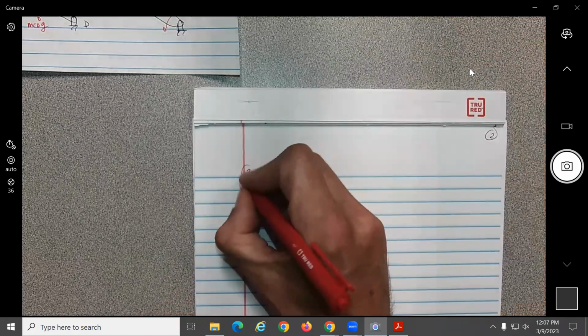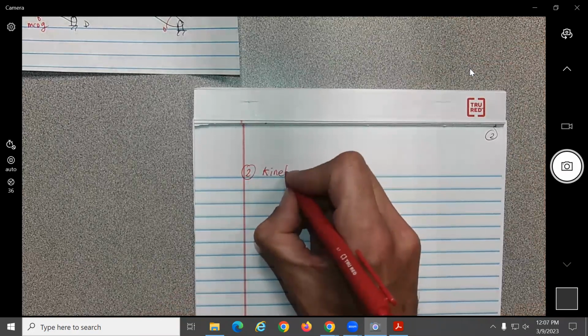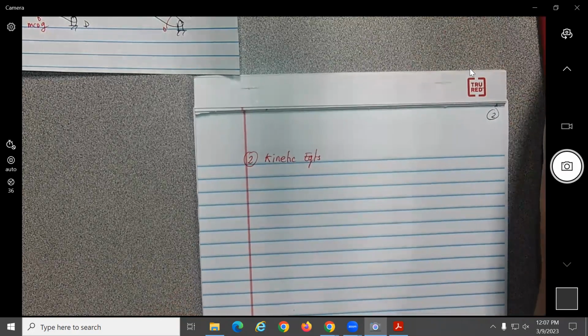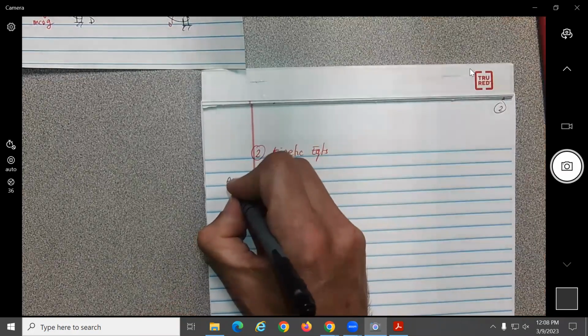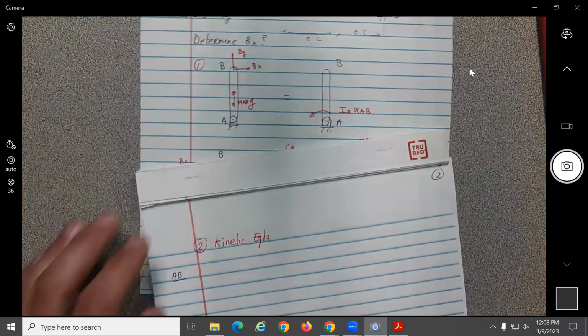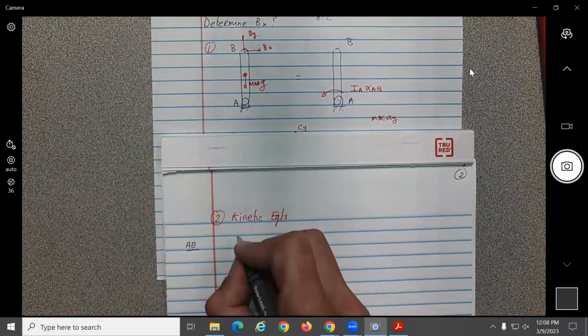So step 2 is to do what? Find the kinetic equations. So basically, let's say AB. What will be the equation of AB? You have the figure here. So this one, what type of motion is it having? Just rotation.